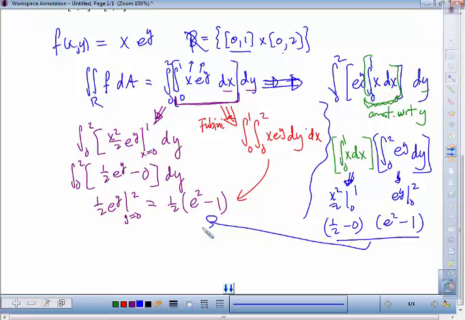Now you have to be careful. You can only do this when you can factor the function into two different functions that are just x or just y.